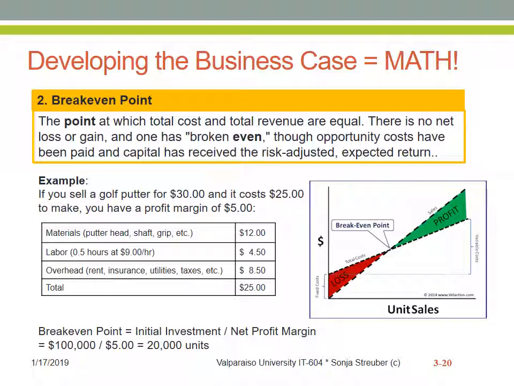For that, we divide the initial investment by the net profit margin, and assuming that we have invested $100,000 again, we divide that by $5, and then we end up with 20,000 units that we would have to sell or that we would have to put into use in order to reach the break-even point, or the point at which the investment finally makes sense because it transforms into value gained or profit.